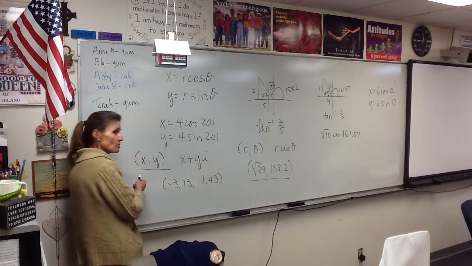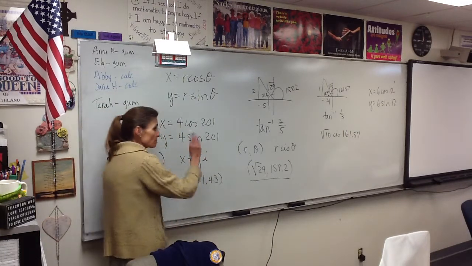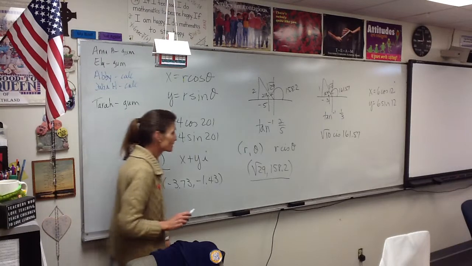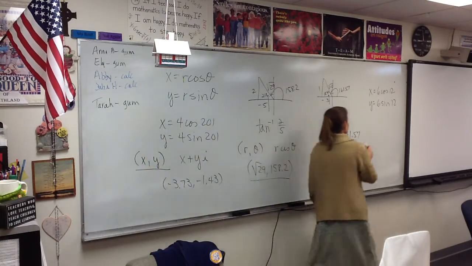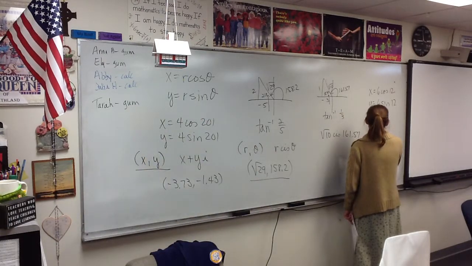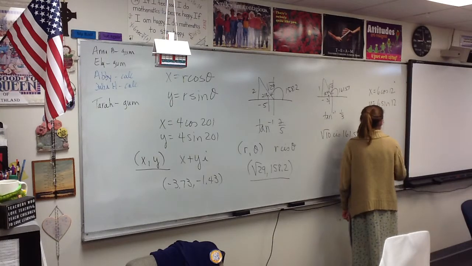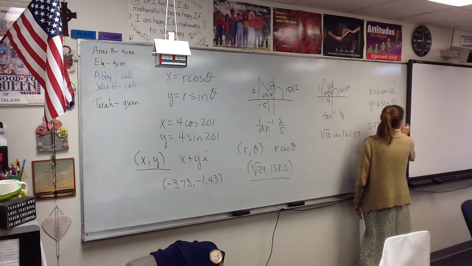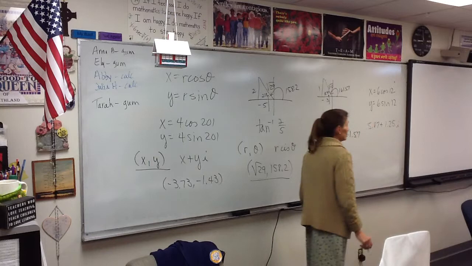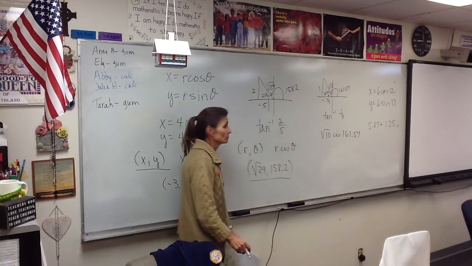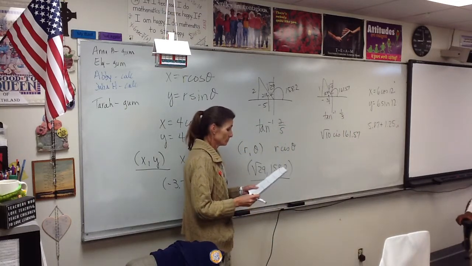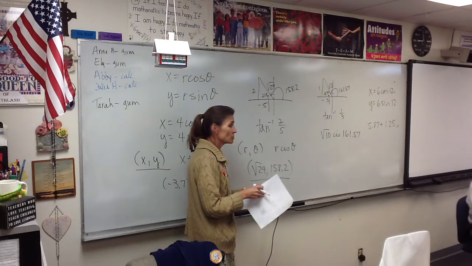You're going to write your answer X comma Y or X plus Yi? X plus Yi. So tell me what X is. 5.87? 1.25? There it is. Page 1, done.